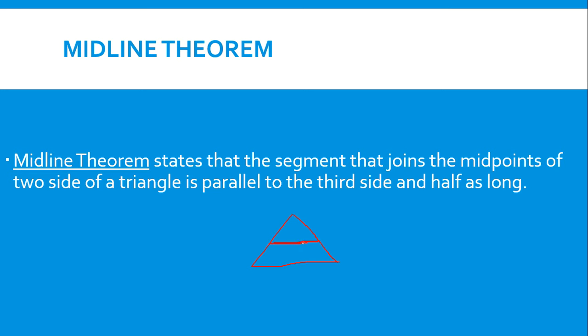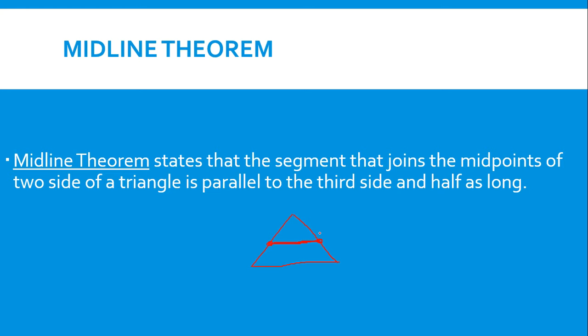Okay? It is a segment that joins the midpoints of two sides of the triangle. So, if this is the midline, these are the midpoints. So, this is a simple illustration of the midline. Okay?